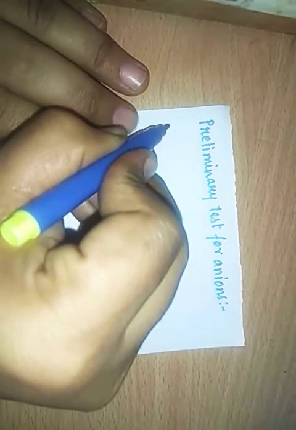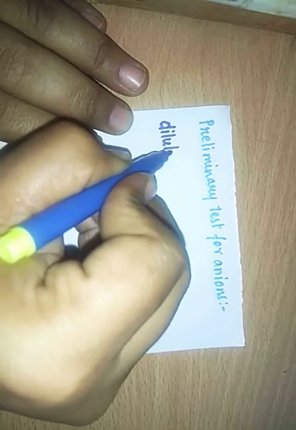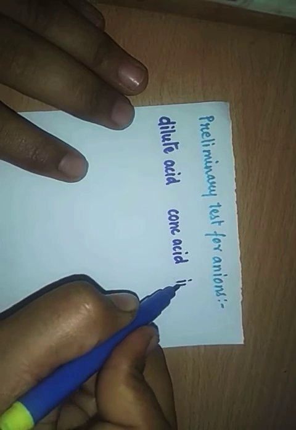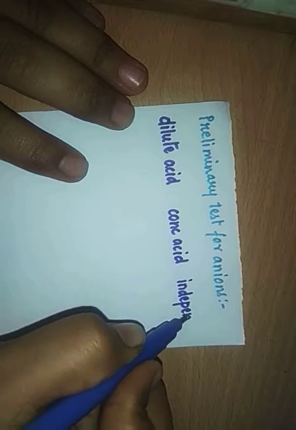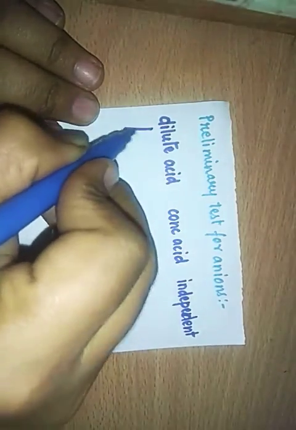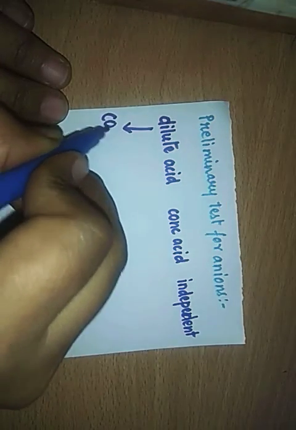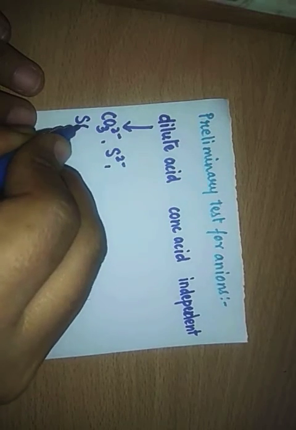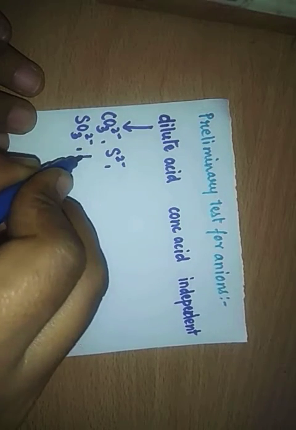You should know that anions are categorized into three parts. The first one is the dilute acid group, next is the concentrated acid group, and the third one is the independent group. The dilute acid group contains ions like carbonate ion, sulfide ion, sulfite ion, nitrite ion, like this.